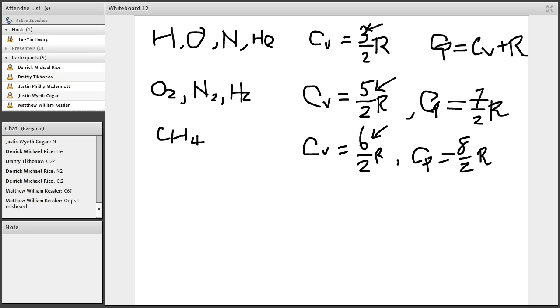So all this is what we call the equipartition of energy. Each direction has 1/2 R of energy, and depending on how many possible ways for the atoms or molecules to store energy, you have to change your CV value, this value in the numerator, accordingly.